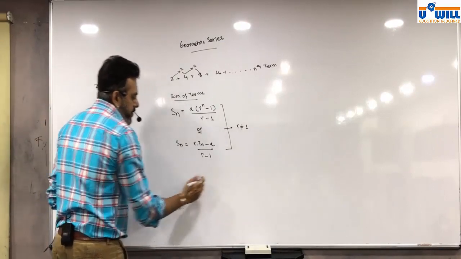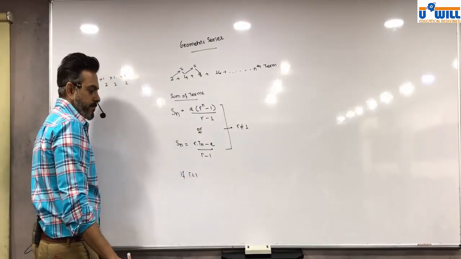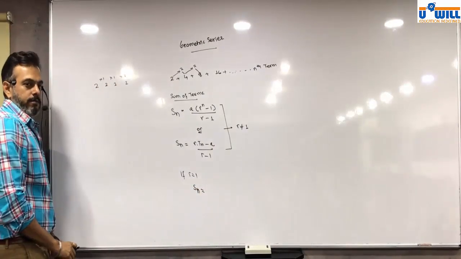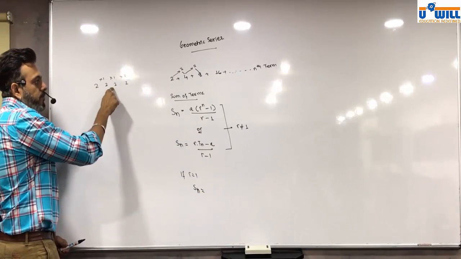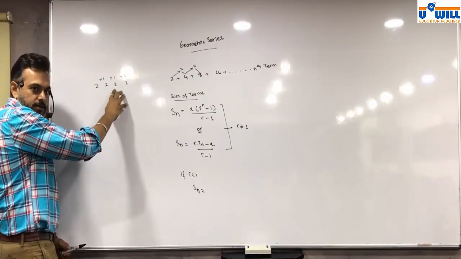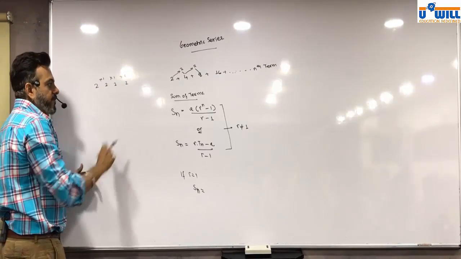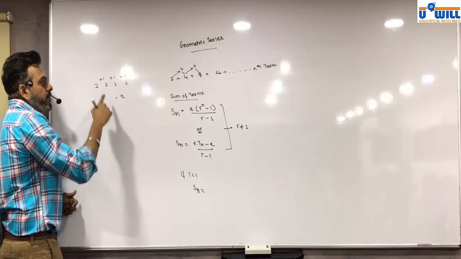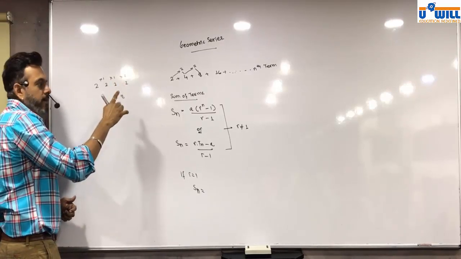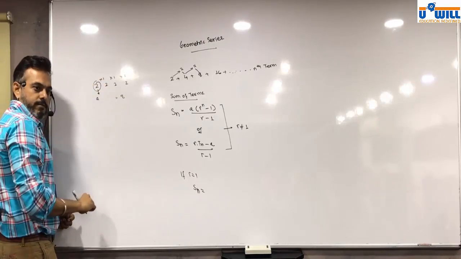So what do we do if r is equal to 1? Sn will be equal to what? If I want 4 terms, the total is 2 plus 2 plus 2 plus 2, which is equal to 8. So 2 is added 4 times. This is a constant. Can I say 2 is a?